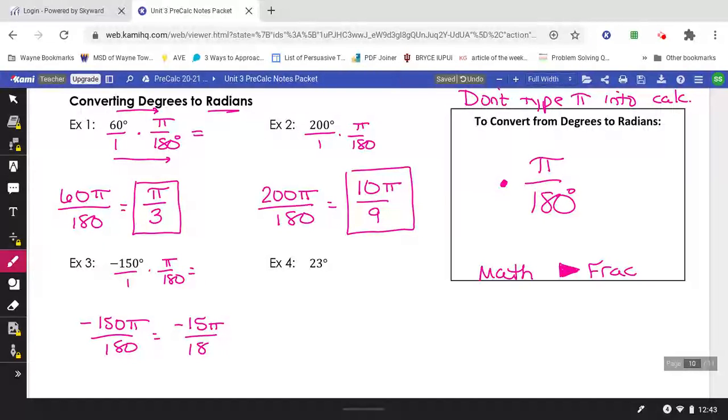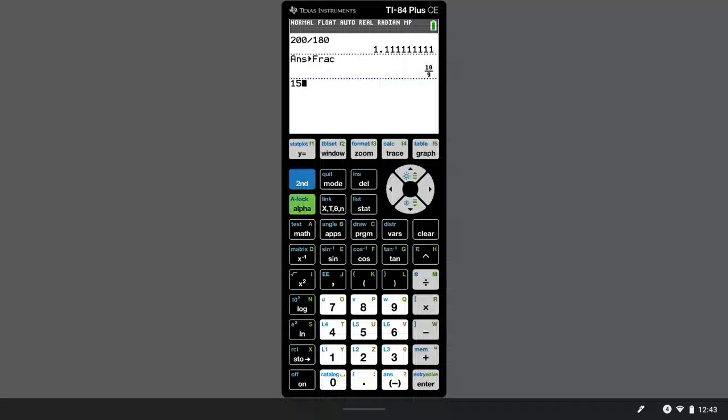You could divide each of those by 3, which would then get you negative 5 over 6. Negative 5 pi over 6. Same answer as if you had your calculator and did 150 divided by 180. Math, enter, enter. 5 over 6.